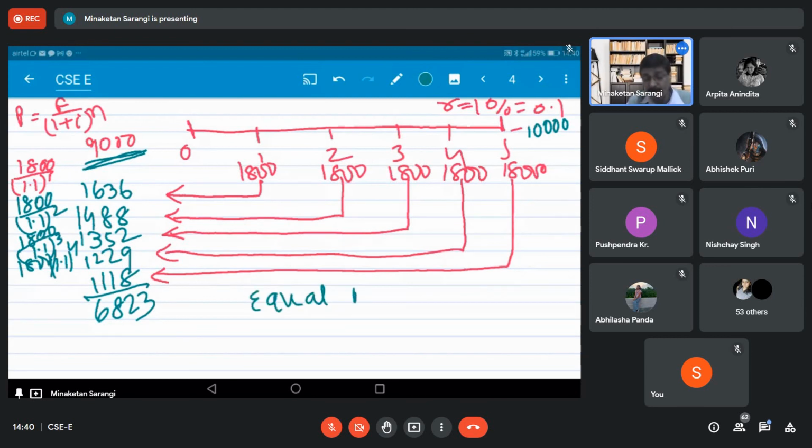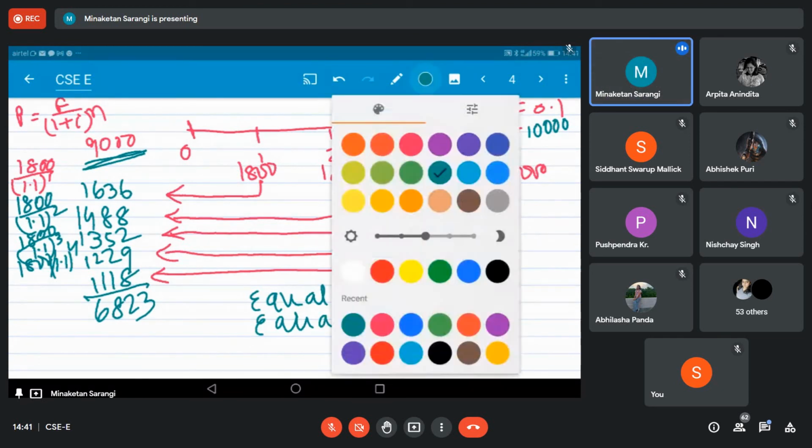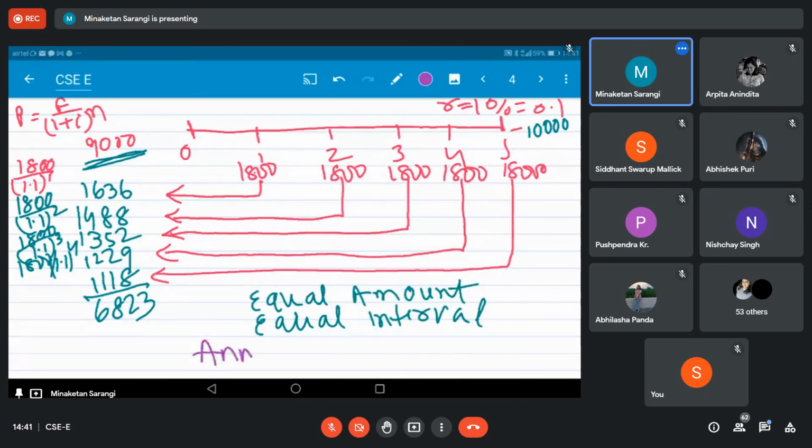Equal amount of money at equal interval is known as the annuity, or we can say payment or receipt of equal amount of money at equal interval of time is known as the annuity.